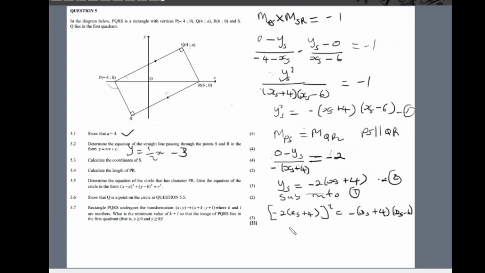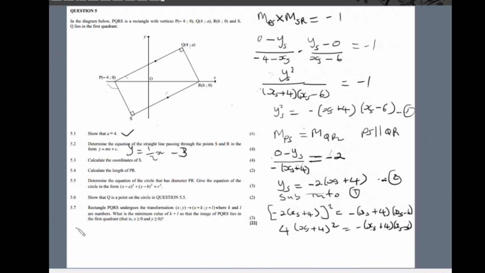Minus 2 squared will be 4, and then xs plus 4 squared is equal to minus xs plus 4 xs minus 6, right?